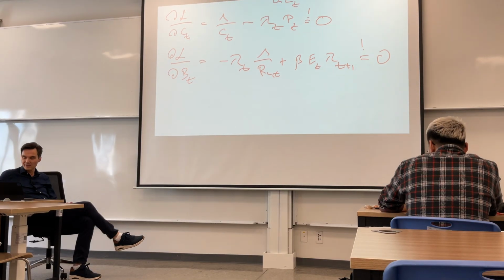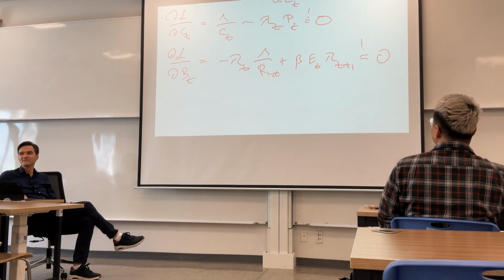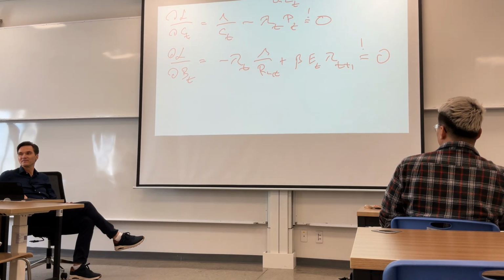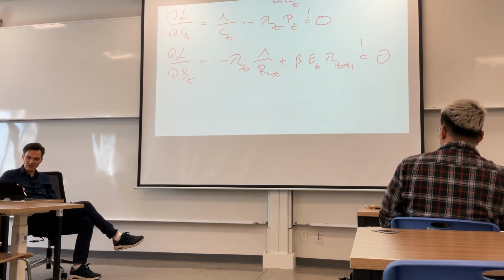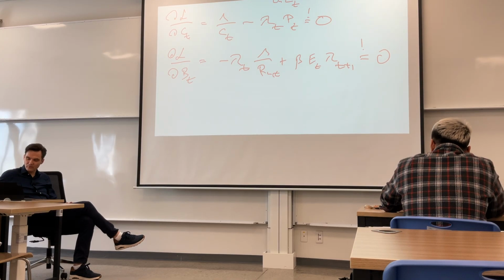So what do we do next? Combine the first equation and the second. Exactly. So now we take our first order condition for consumption and plug it in here. That's the next step. When you do that, the resulting equation is going to look like this.